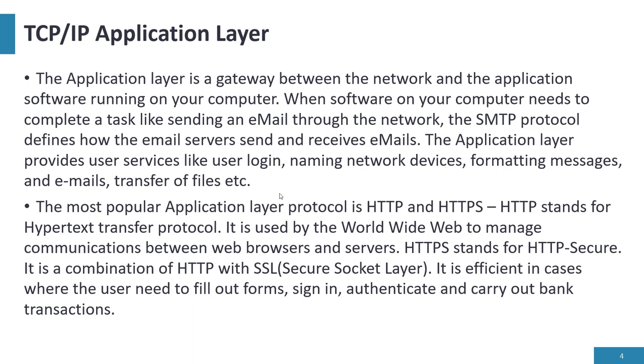SMTP is the Simple Mail Transfer Protocol, which is a protocol of the application layer that helps send and receive emails. The most popular application layer protocol is HTTP and HTTPS, which stands for Hypertext Transfer Protocol.